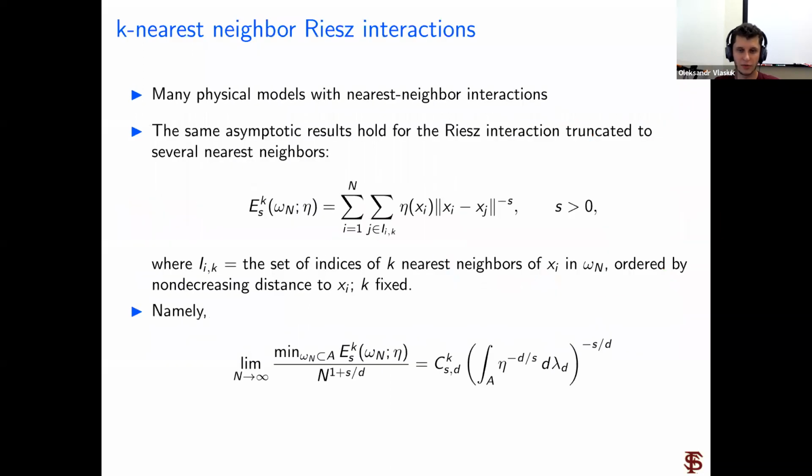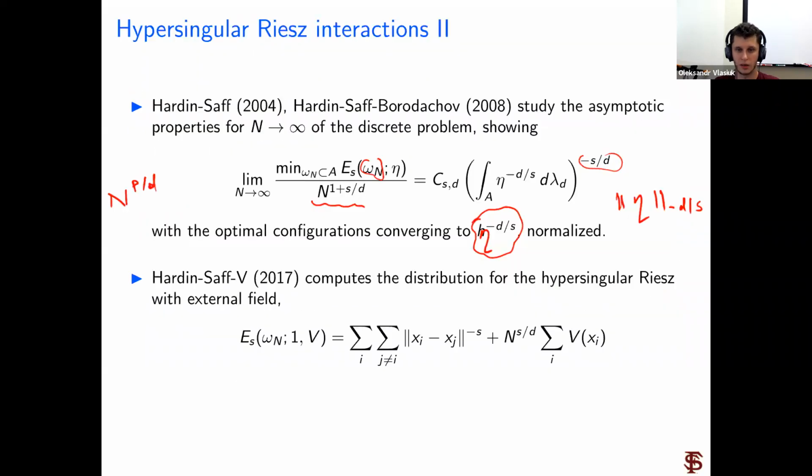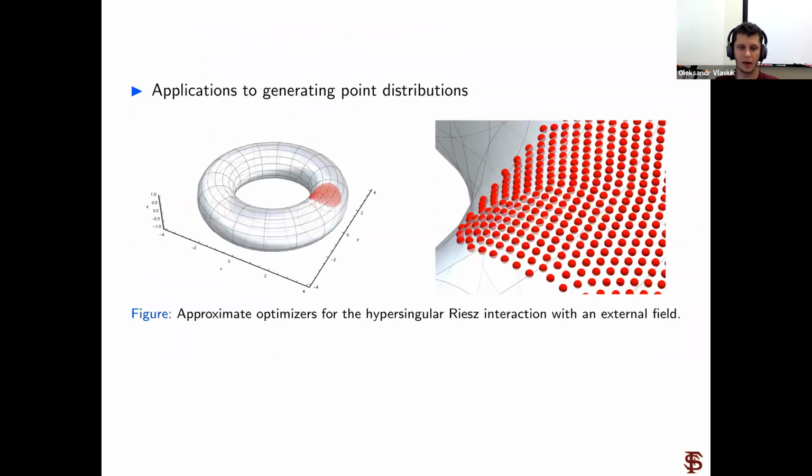So also, I've shown you what the new optimal quantizers look like, and they look quite nice. You have seen that the Voronoi cells are all pretty much hexagonal, and so they all look very good. And the same is true for near optimal configurations of this hypersingular Riesz interaction.